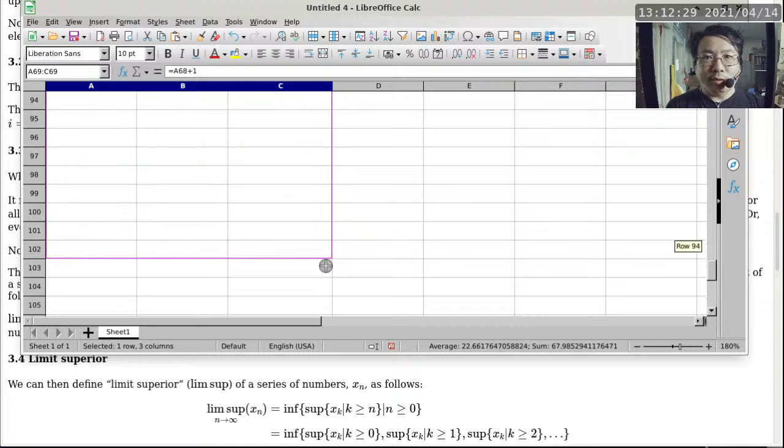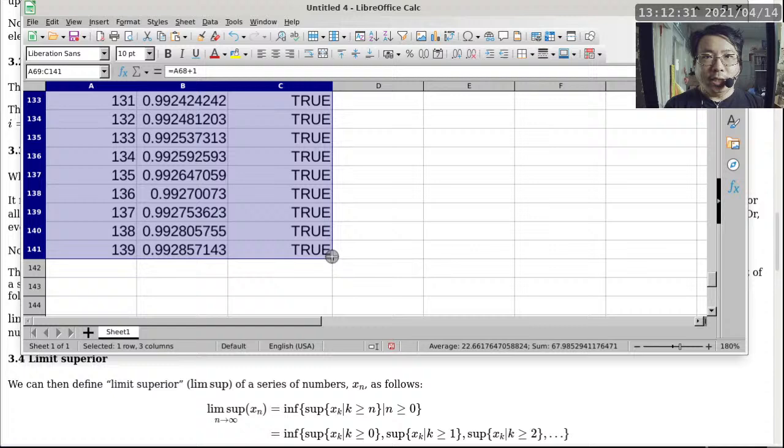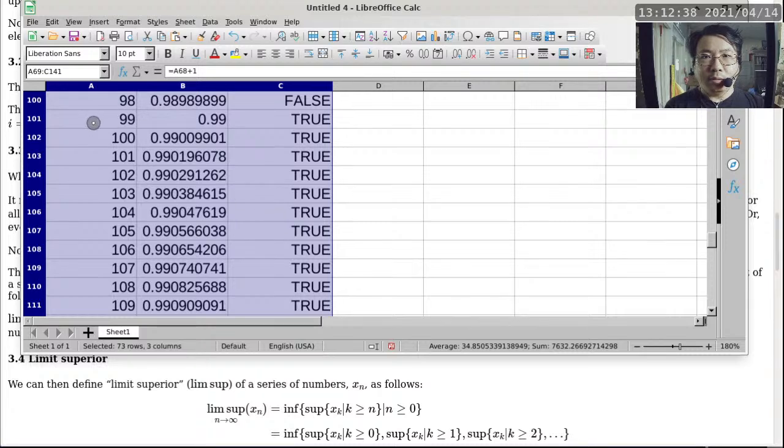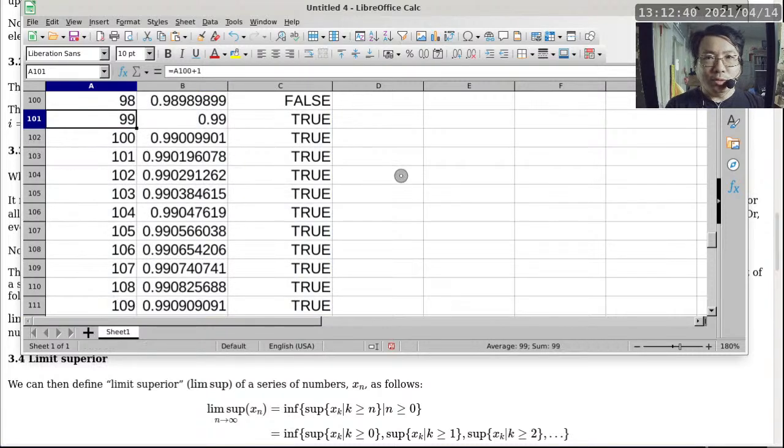So we just have to extend it, and at some point we find our m. When m equals 99, in other words, starting with x subscript 99, everything after that, including itself, is within this new epsilon that we randomly picked away from the limit.